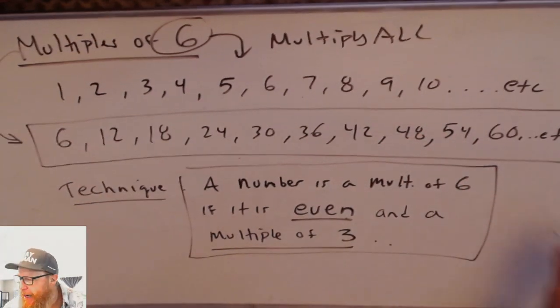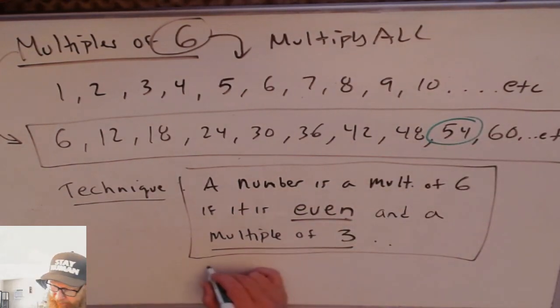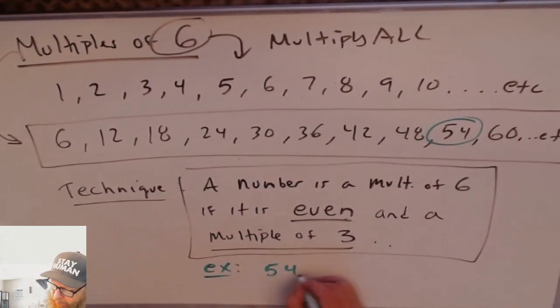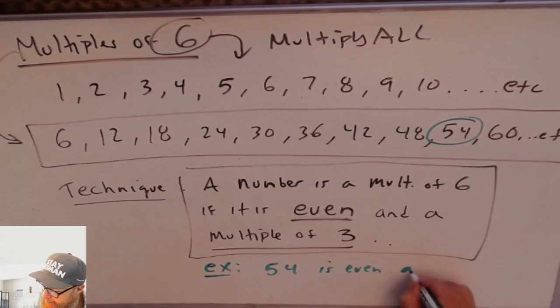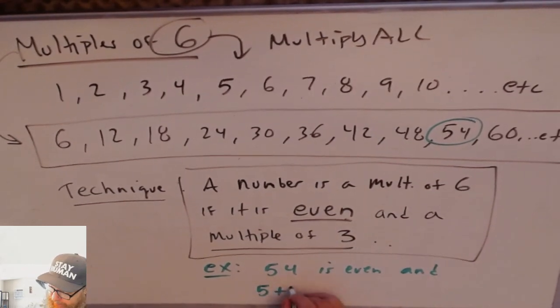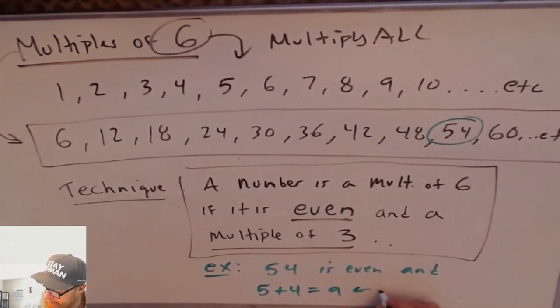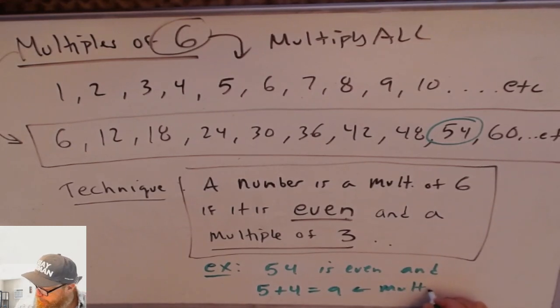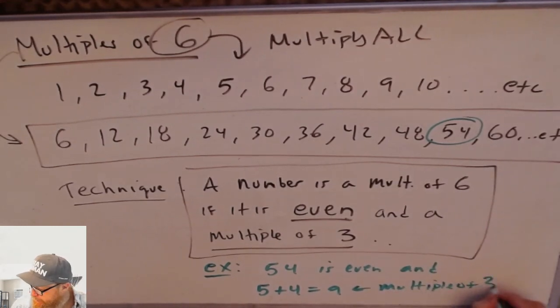So remember the trick, 54, for example. 54 is even. And 5 plus 4 is 9. So it's a multiple of 3.